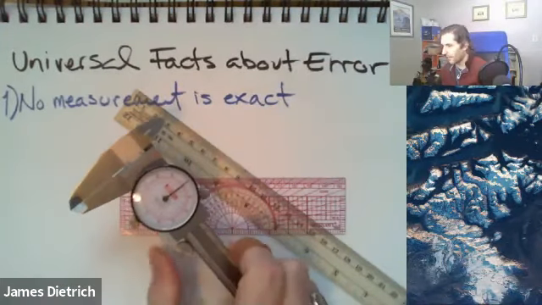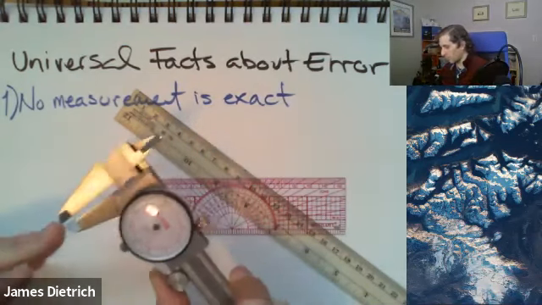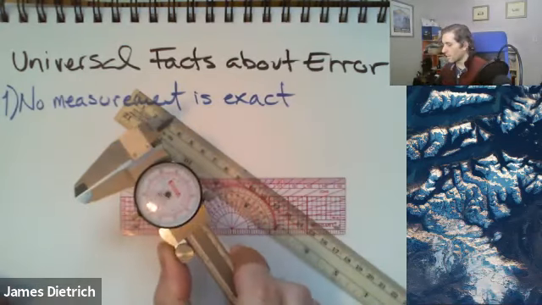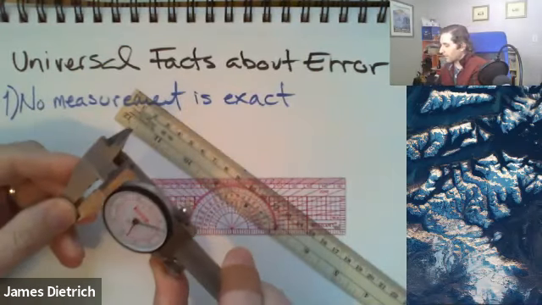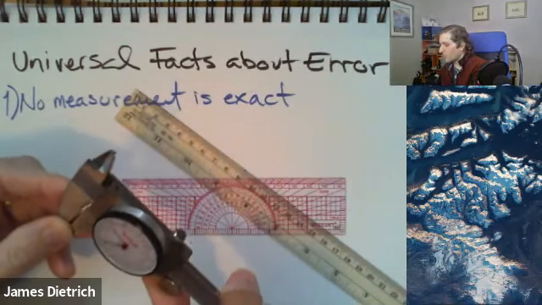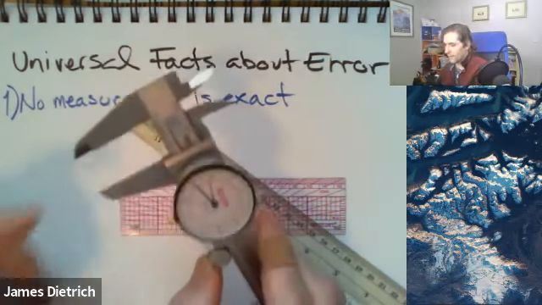These can measure the width, height or depth of anything, up to, I think this is 6 inches, but they can go down to 0.02 millimeters. That is the accuracy of this.